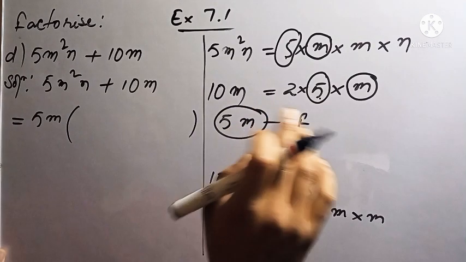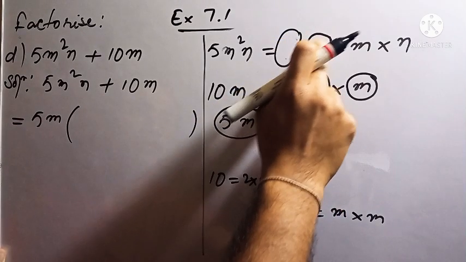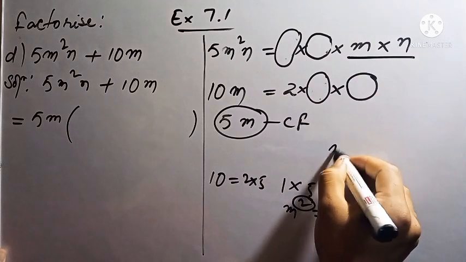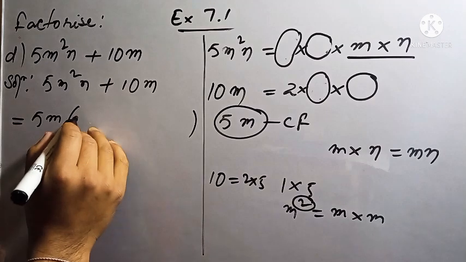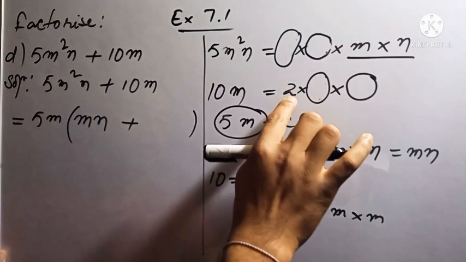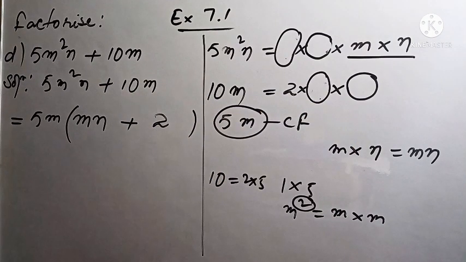Okay, let me wipe out the common factors. Here 5, here 5, here m, here m. So the remaining is m into n. m into n means you can just write mn. So I will write here mn plus. From here, what do we have now? We have just 2. So I will write here 2. So this is how we have done the factorization.